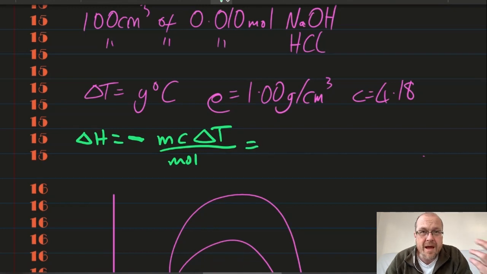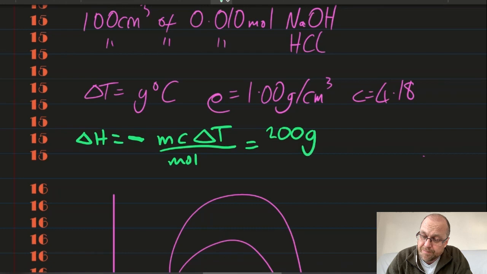So m is the mass of what's being heated. I've got 100 centimeters cubed and 100 centimeters cubed, so that's 200 centimeters cubed, but I'm going to put 200 grams. Why? Well, because it tells me that 1 centimeter cubed is 1 gram. Is that enough for the answer?